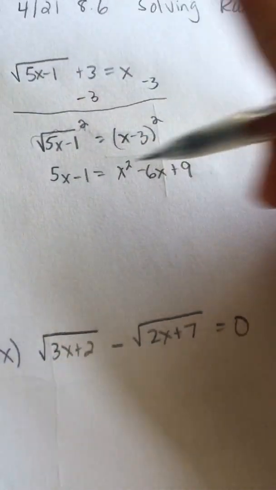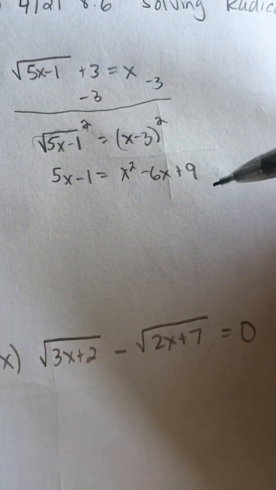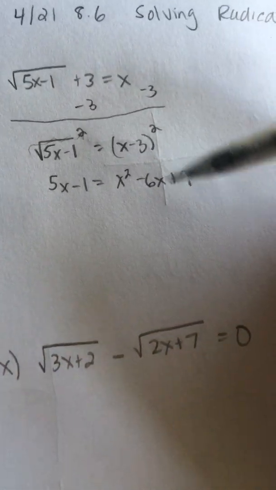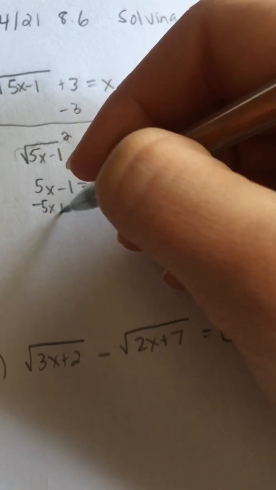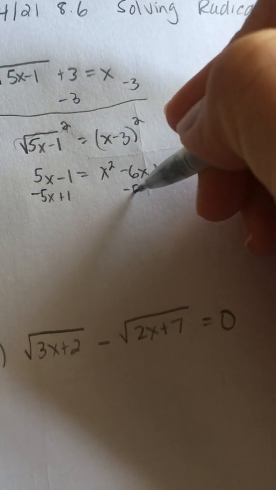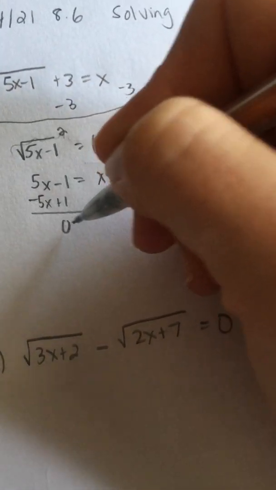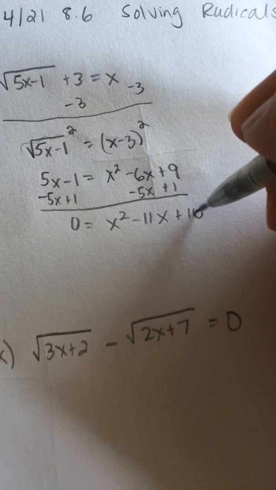Now I recognize I have a quadratic, no radical equation anymore. So I've changed the equation into a quadratic, and I'm going to solve that using factoring. I'm saying factoring because I see that I have linear terms. So I'm going to subtract over the 5x and add over the 1. 0 equals x squared minus 11x plus 10.